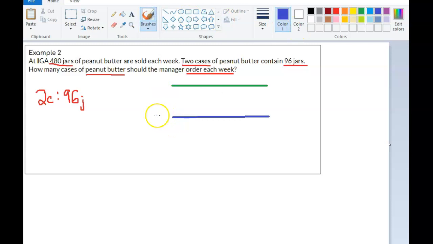I'm going to make this my jars. So I'm going to put a J for jars. And let's just start us off. 96. Okay? My times 2 column. 192.